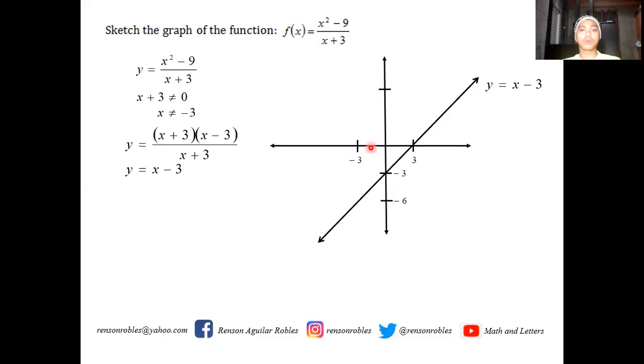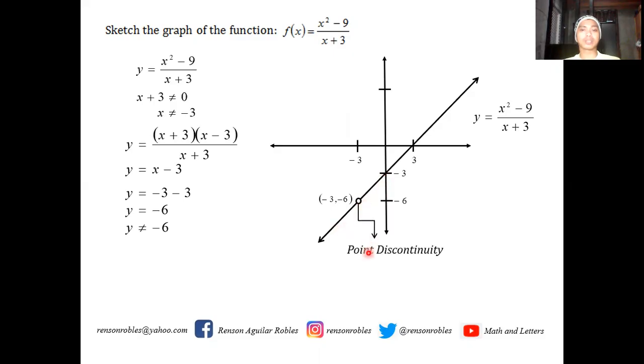So we might have a hole there, and this one is called the point discontinuity. So when x is negative 3, y is negative 6. From here, you replace x by negative 3. So y equals negative 3 minus 3, and that leads you to y equals negative 6. Since x cannot be negative 3, that is the reason why we have a hole here. So again, this is what we call the point discontinuity.